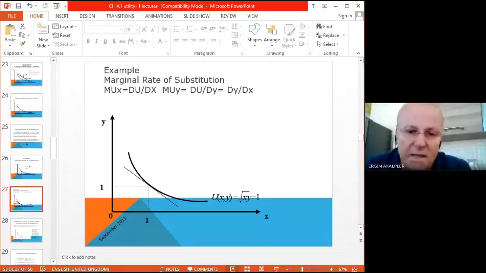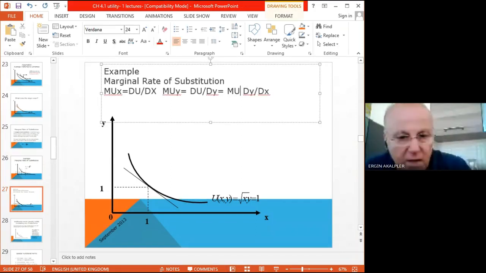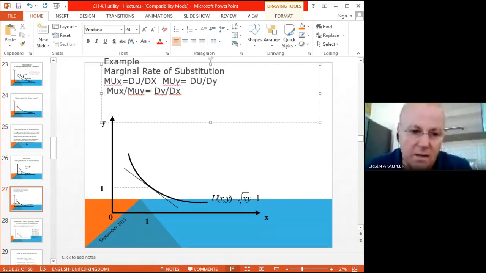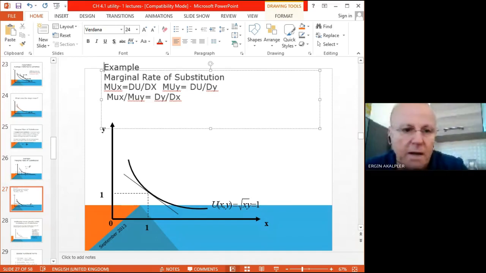Of course, this is not equal; it should be like this: the marginal utility of x over the marginal utility of y is equal to this. Then this will be satisfied and gives you this. Therefore, you should apply this to the curve to be able to understand this application.